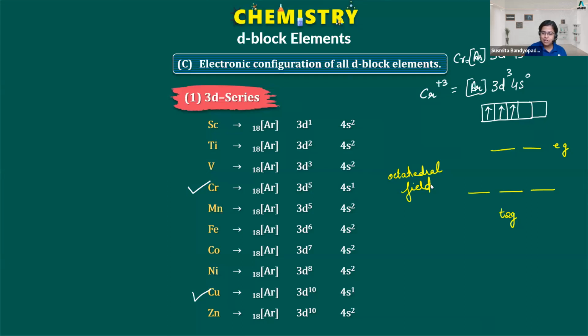Okay, and would agree also that if you think Cr+ should be the most stable, it's 100% okay. But let me correct you: chromium mostly forms octahedral complexes. In the octahedral field, the d orbital splits into the stable t2g and the less stable eg. And d3 means follow Hund's rule: 1, 2, 3. The t2g orbital is half filled.